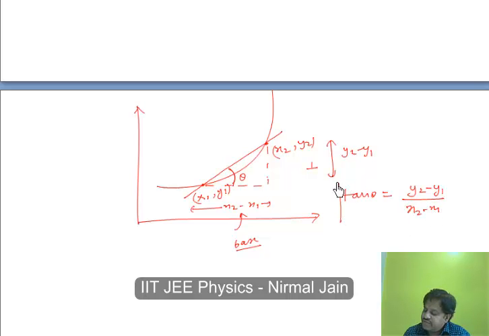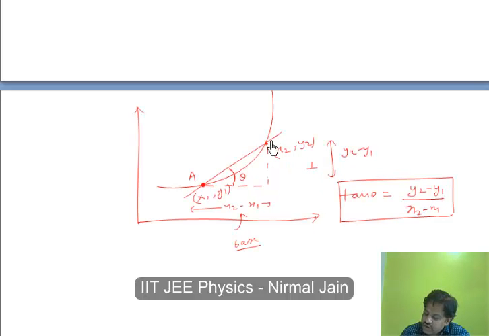So tan theta we found quite easily. But this is the slope of the secant. If I have to find the slope of the tangent drawn at this point, let's say this point is A, then what I'll do is try to move this line about this point A, such that right now the x2, y2 point is here.